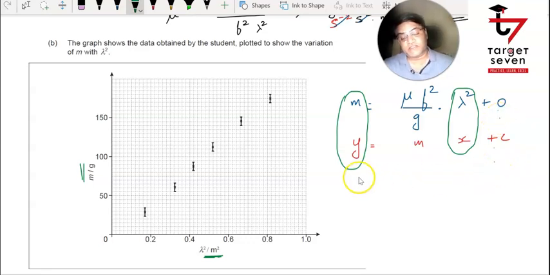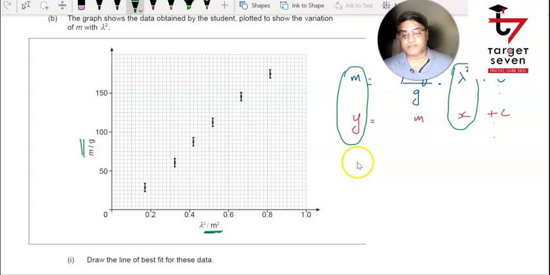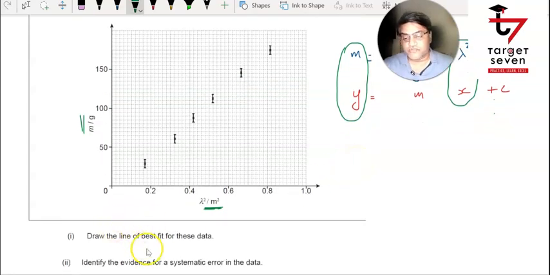Alright, so this is the analysis that you should have already been ready with even before proceeding further with the next set of questions. Right, so it says draw the line of best fit for these data.